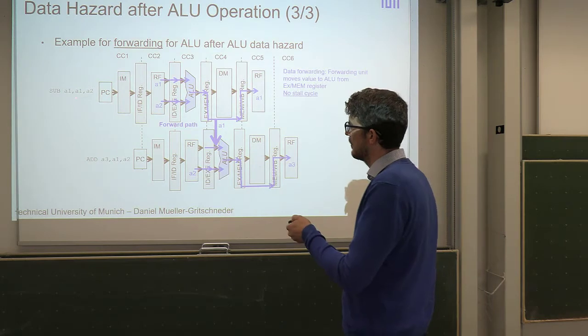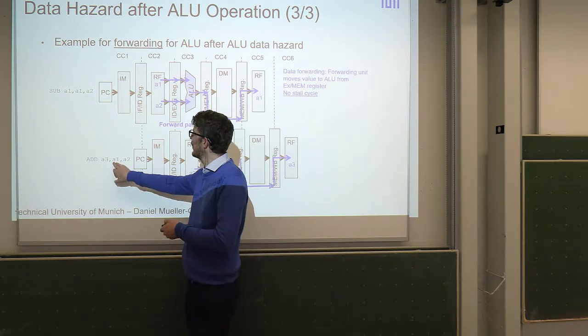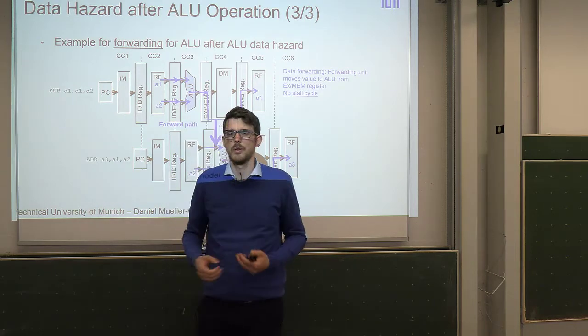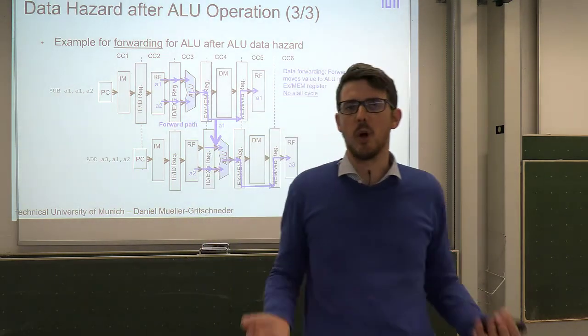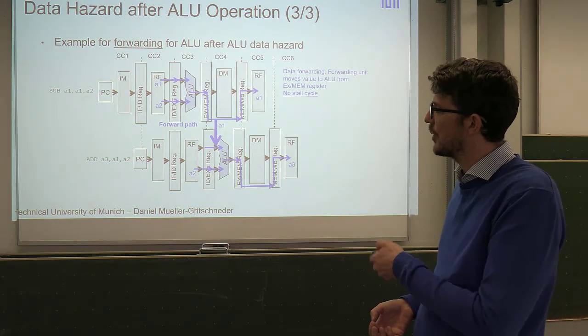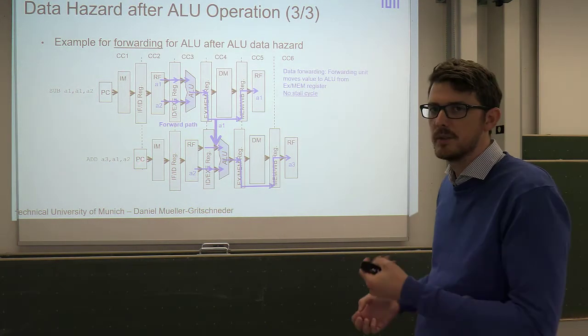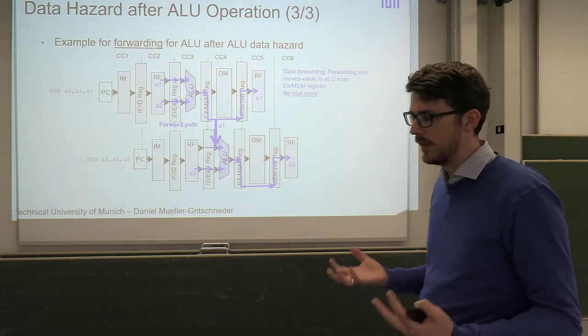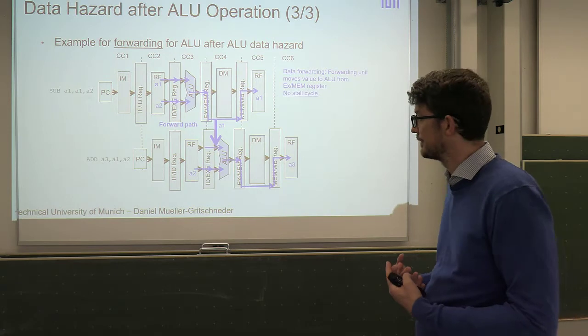The problem is there's a dependency: whatever you want to use here is computed here. But if you put some instructions in between, you could break these dependencies. It's not always possible, because usually, as I have said, when you do some computation, you want to take the result and right away do some other computation with it. So these dependencies are actually happening very, very often in programs.